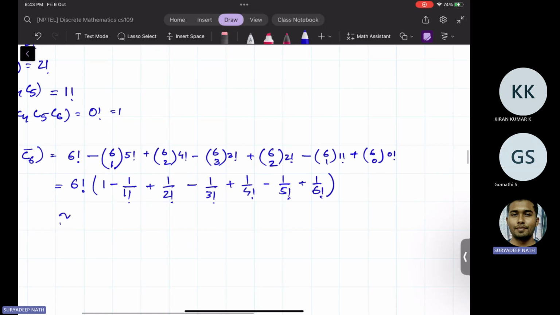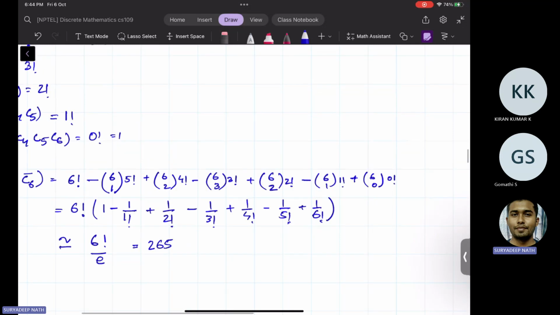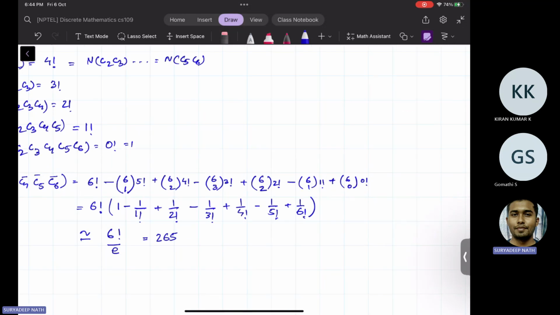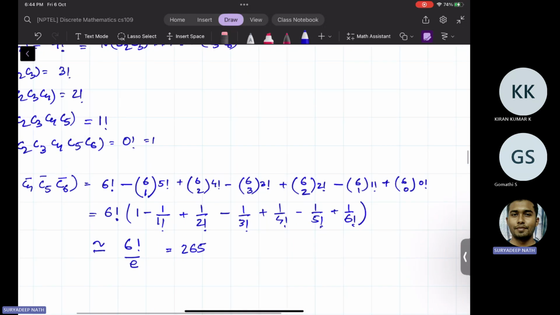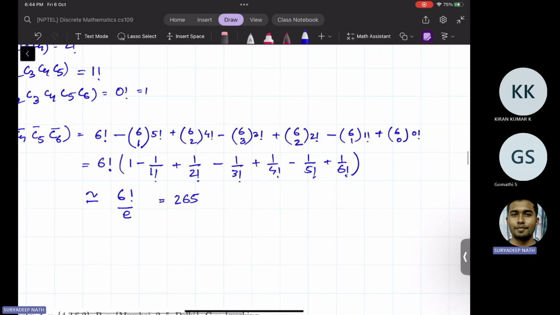So this is approximately 6 factorial by e, which is around 265. This expression evaluates to 265. And if a number like 6 goes large, we can approximate it as n factorial by e, where e is around 2.71.